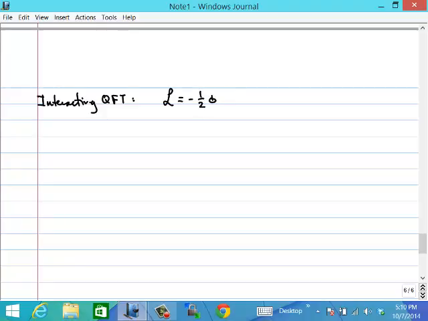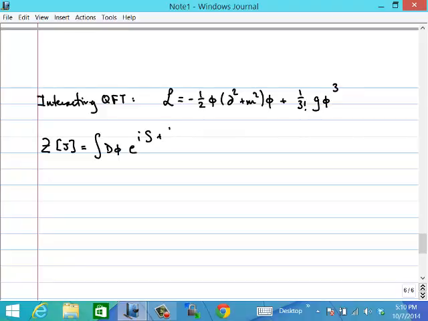So in addition to the kinetic term, I'll take an interaction term that is 1 over 3 factorial times the coupling constant g times phi cubed. And again, we are interested in computing the generating function, where you integrate over all fields of e to the i S plus the integral of J times phi.